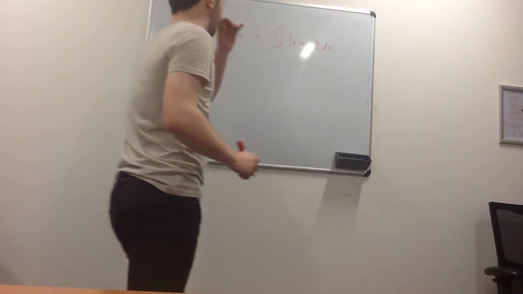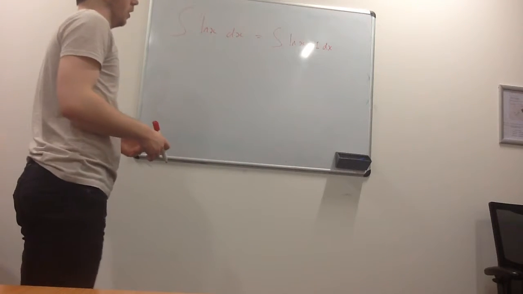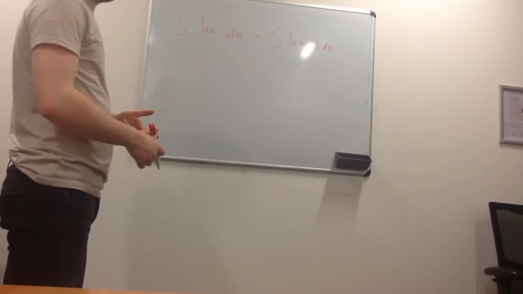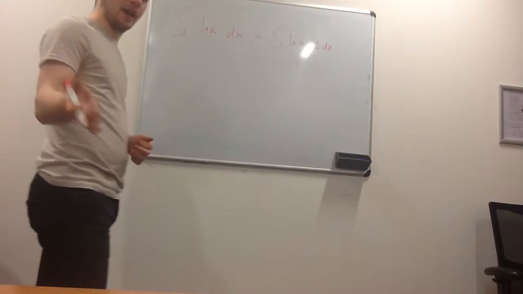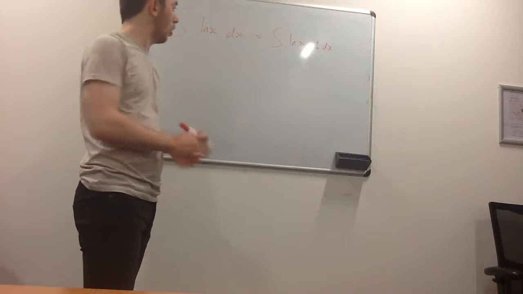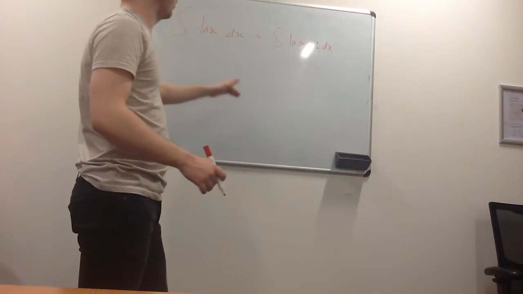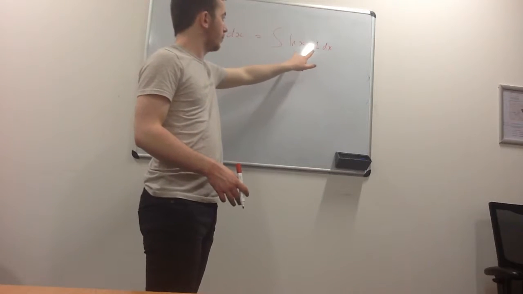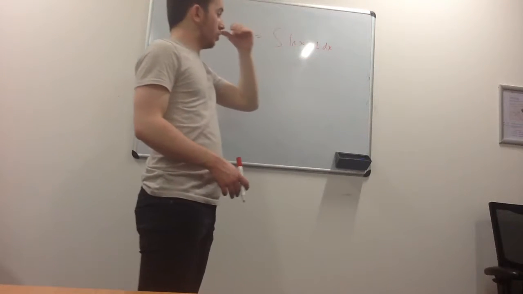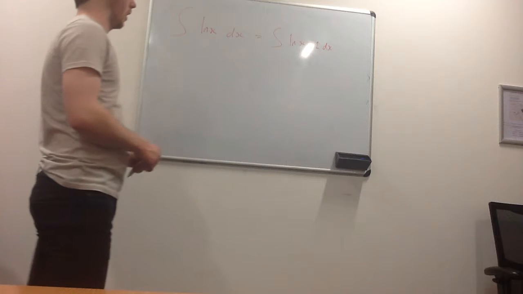Right, so here, what you have is picking u and picking v for integration by parts. If you're not sure how to do integration by parts, I have a video up about it, so just go and click on it. It'd probably be better looking at that before you listen to this. As we know, we need a u and we need a dv over dx.